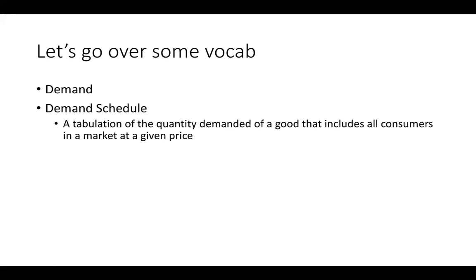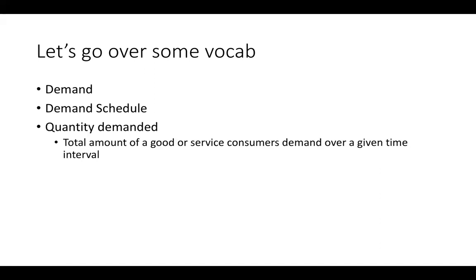We can also look at individual demand schedules, meaning we can look at just a single person or single firm's demand for a good. Like I said, this is at every given price, how much is going to be demanded? What is the quantity demanded?